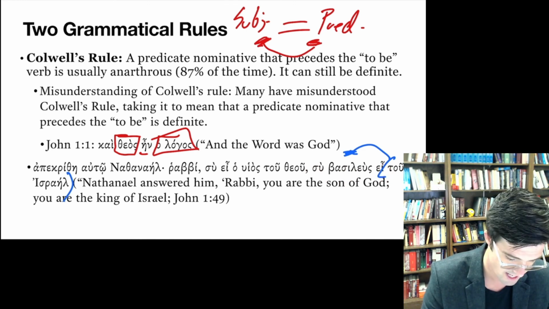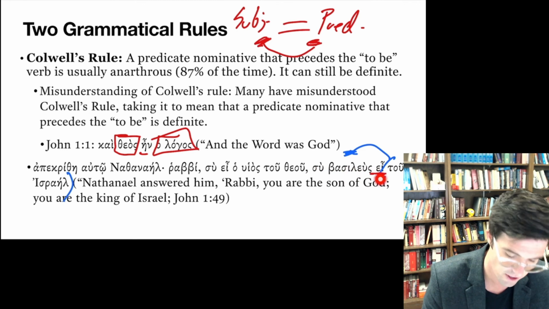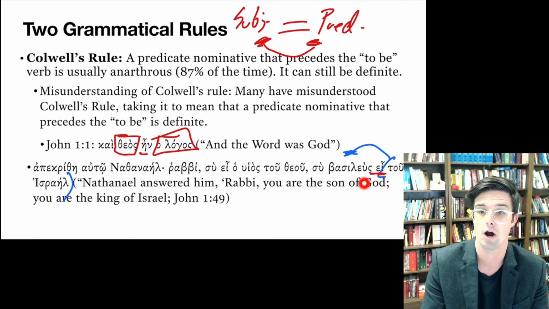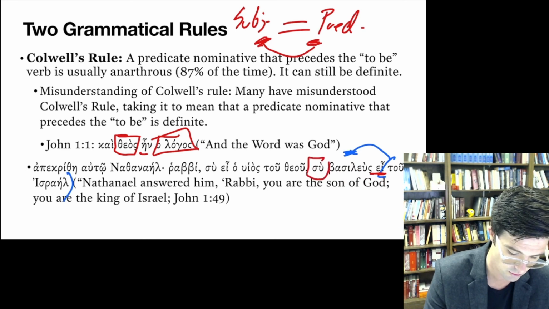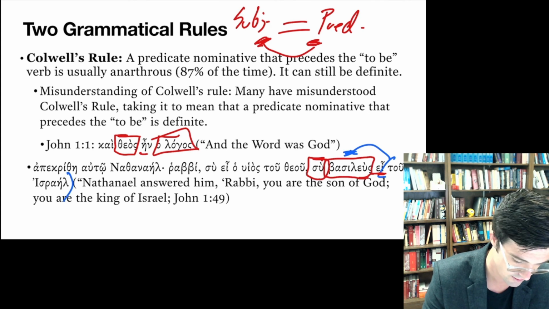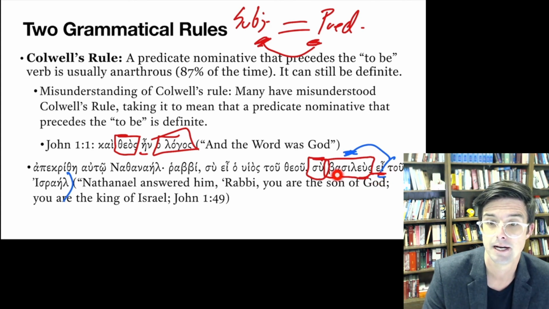And notice right here, ei is our to be verb in the second person singular, you are. And so here we have both the subject, which is su, and the predicate, which is basileus tou Israel, comes before the to be verb.